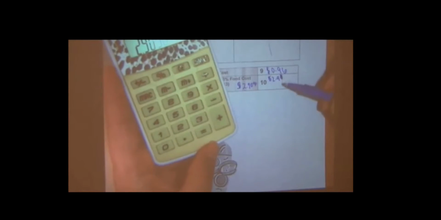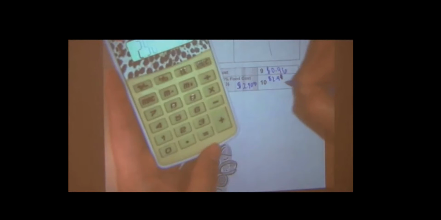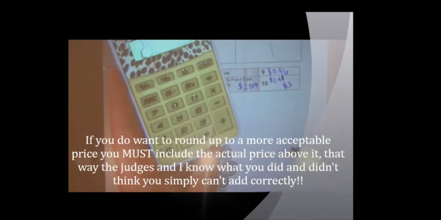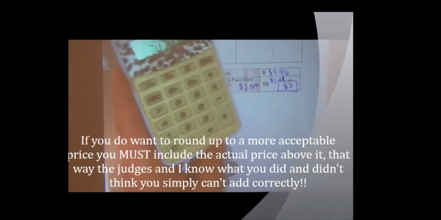I am going to round it to a more acceptable menu price. So for us, we're going to have $3, because all our menu items are one number. We don't have 50 cents. We don't have 19 cents. It's $3, $6, or $7. So for us, what I'm going to charge my customers is $3.